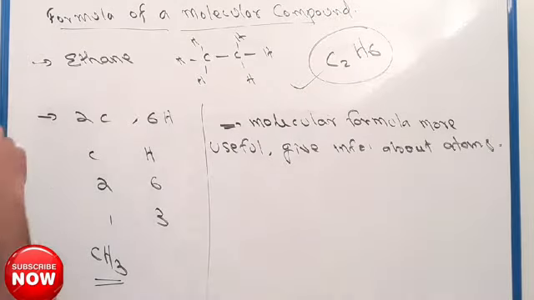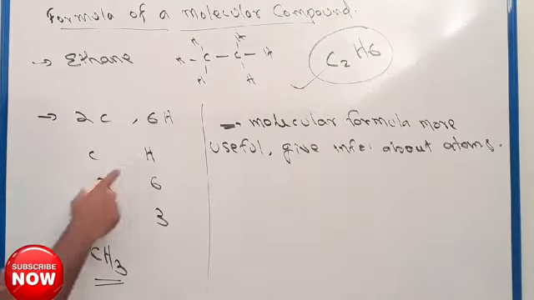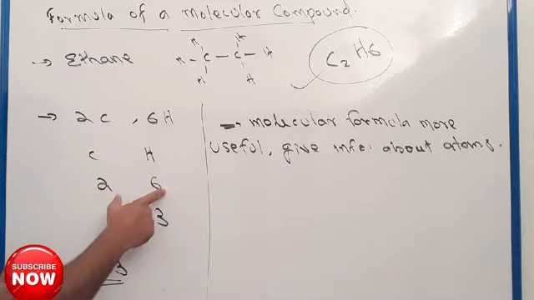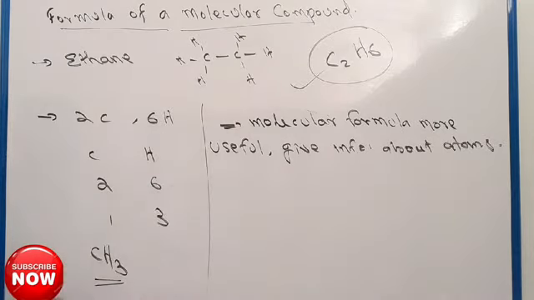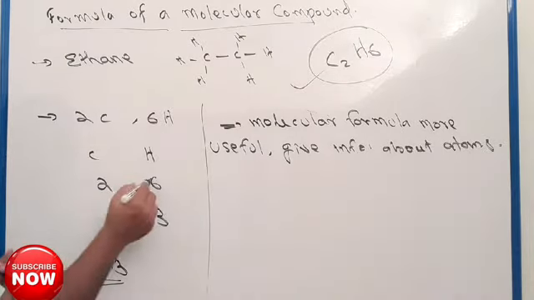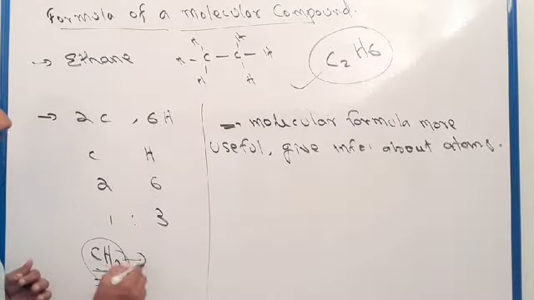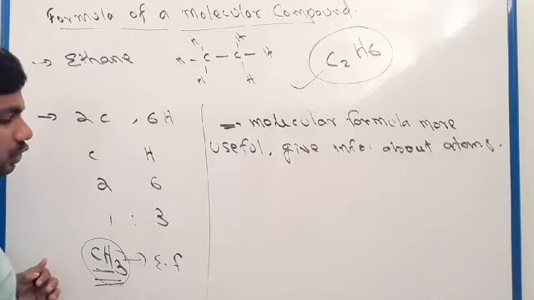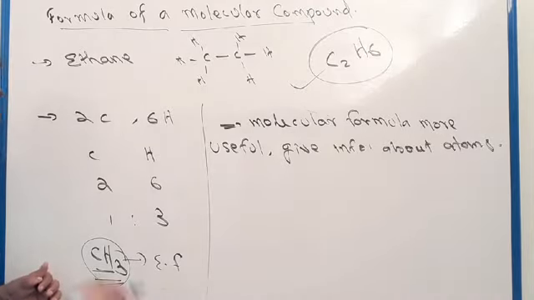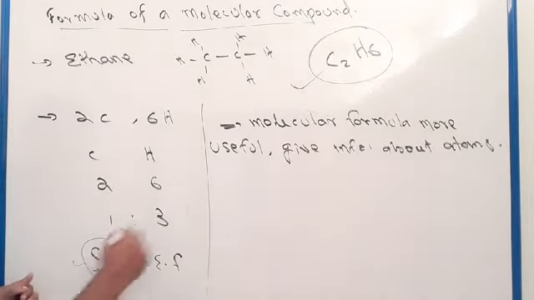So look here, from the formula there are 2 carbon and 6 hydrogen. So here C2H6, the ratio 2:6 means 1:3. So CH3. So CH3 is the empirical formula and C2H6 is the final formula, or molecular formula.